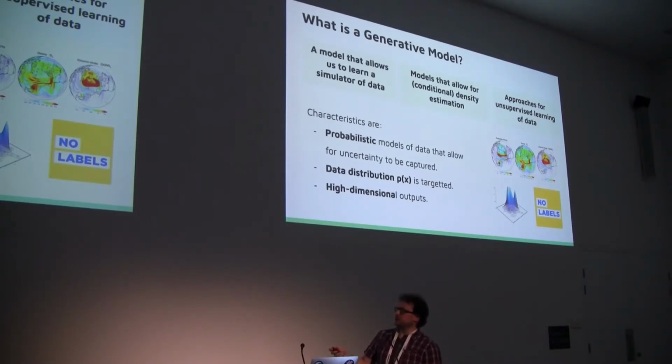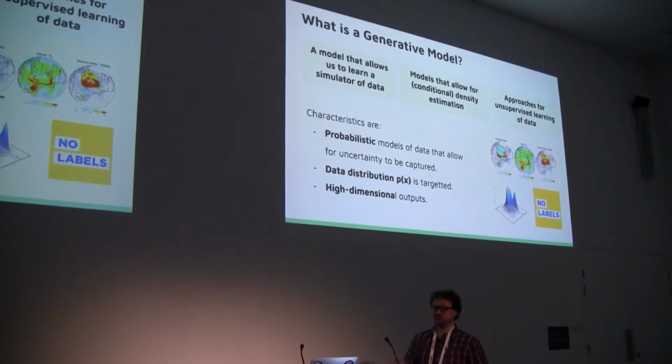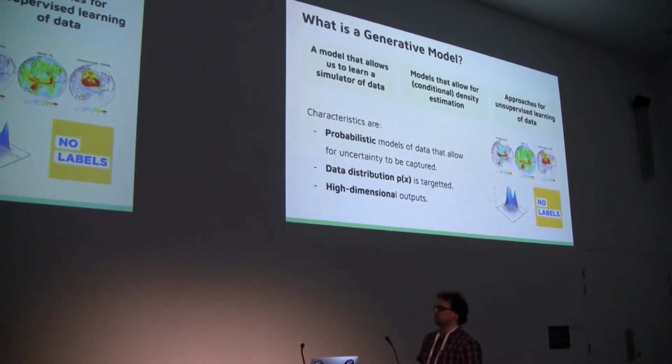So all of these things can be cast into having some way of representing probabilities in a rich manner, and approximating some distribution of the data. Here it's just some marginal density, but you can imagine any kind of conditional density.